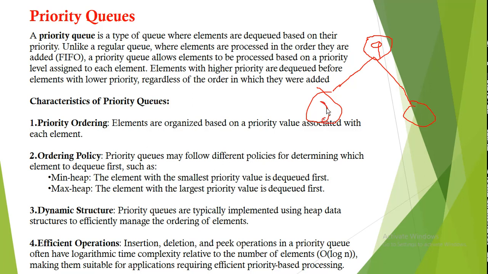So this is 3 and 4, and again this 3 has another two, that is 0, 1 and 2.